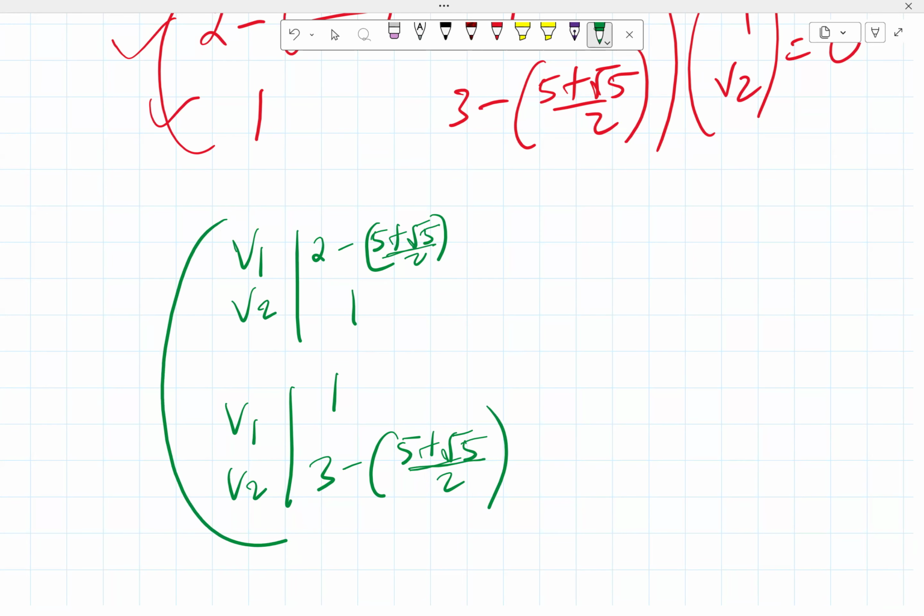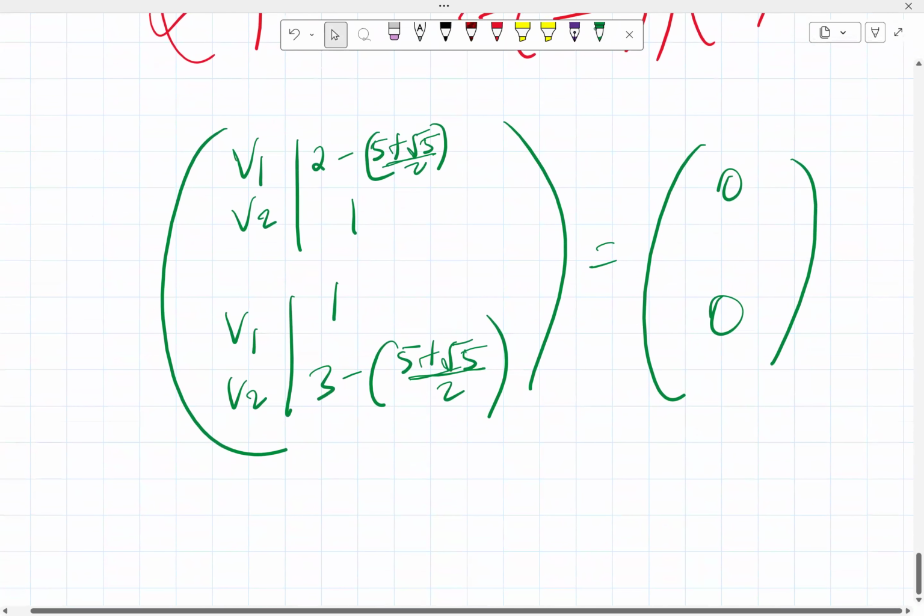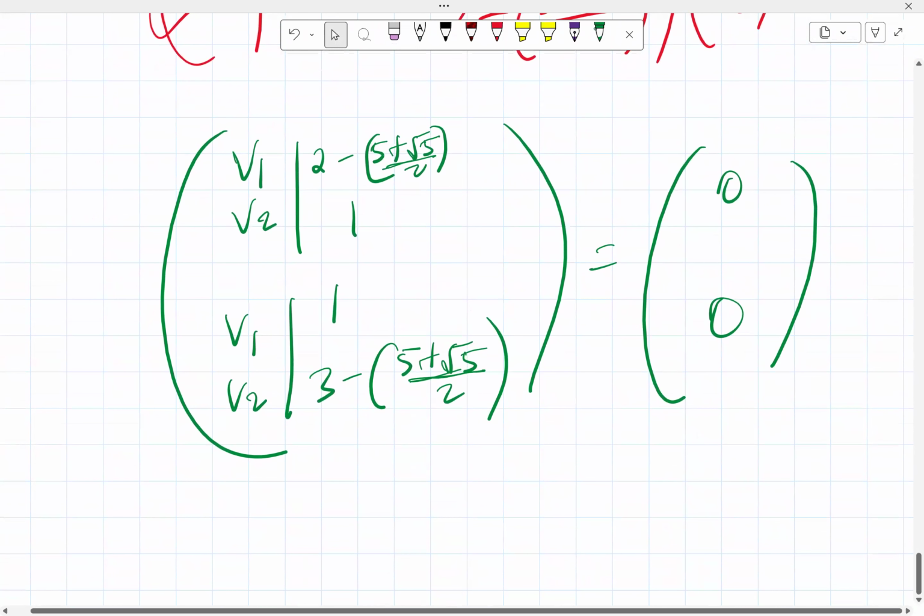For row 1 now, we can still tidy things up.